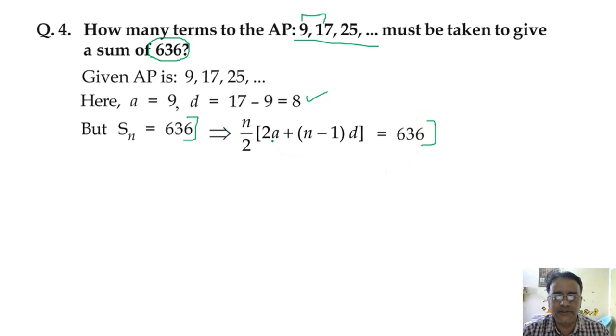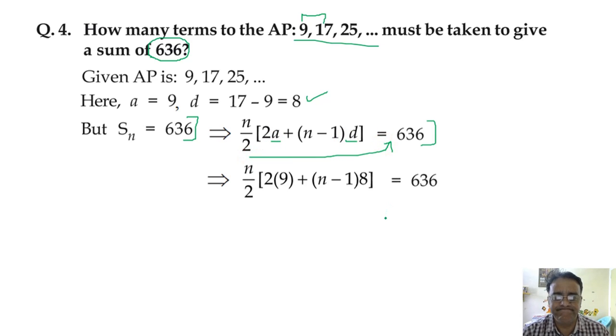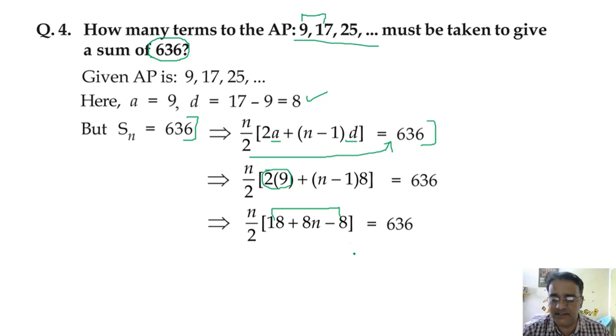Now we'll substitute the values of a and d, and you can cross multiply the 2 also after that. So this will become 18 plus 8n minus 8. 18 minus 8 will become plus 10, and you can divide all these numbers by 2.